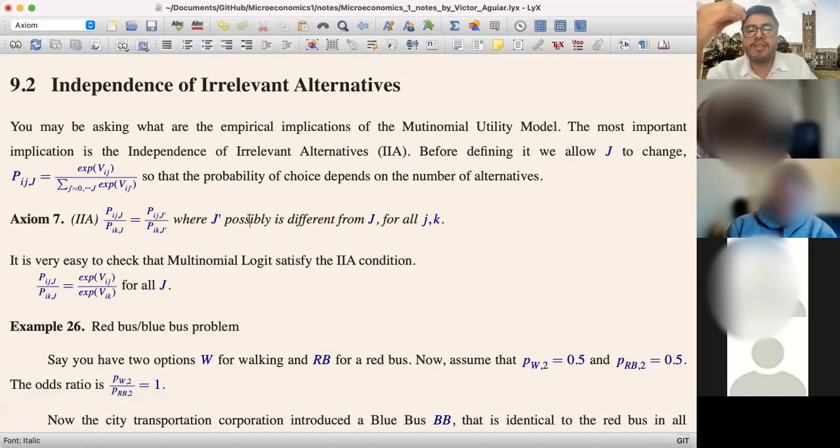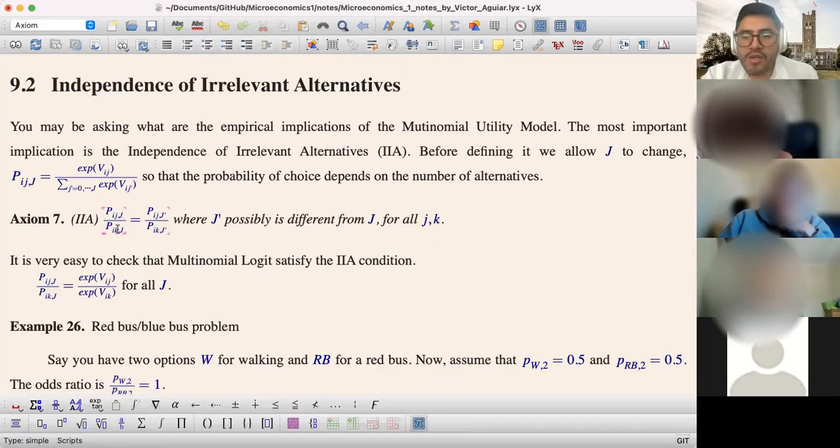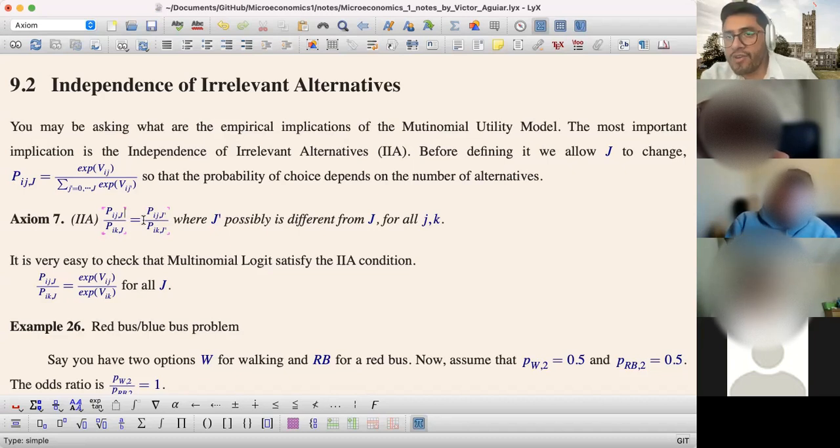So essentially what this is saying is, take a menu J prime, which is a different menu from capital J. Imagine that instead of London, you go to Waterloo, and in Waterloo there are more alternatives of used cars. So now the menu has expanded; J prime is a bigger menu than J. Then if you take the probability of choice of Honda versus GM in Waterloo versus the probability of Honda versus GM in London, Ontario, these ratios of probabilities have to be the same, irrespective of other alternatives that may be there.